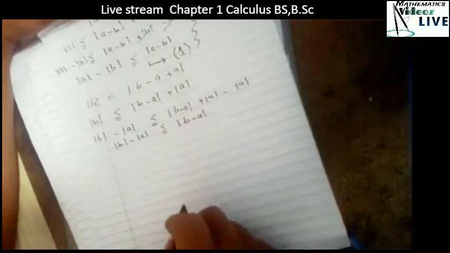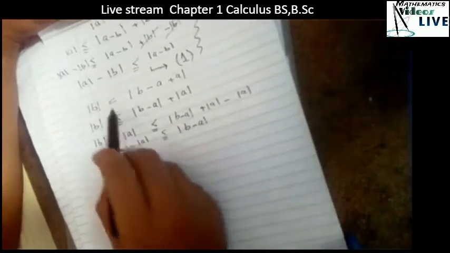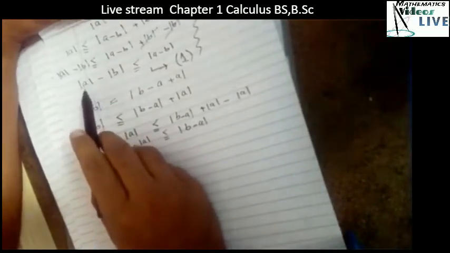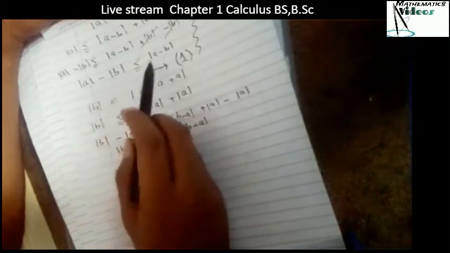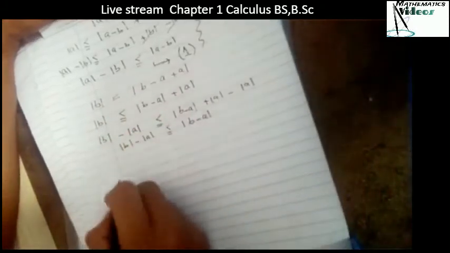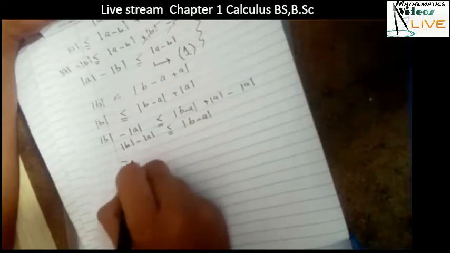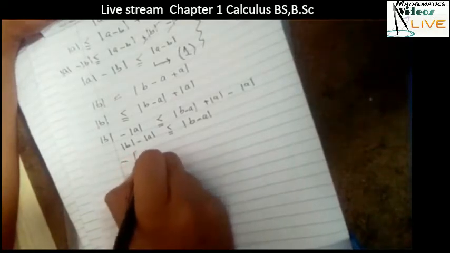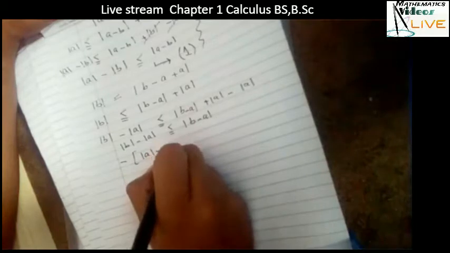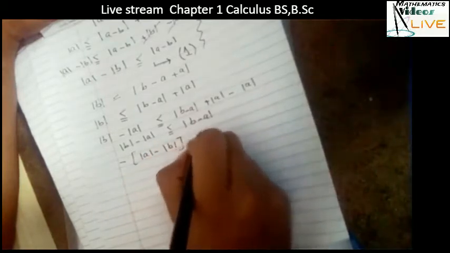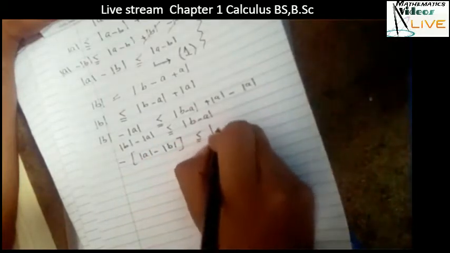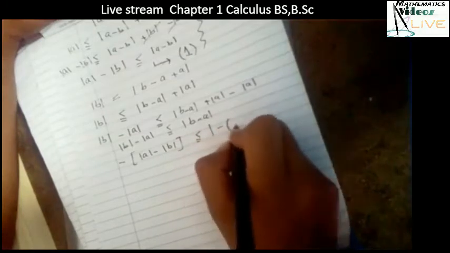Next, you have to find a form like this one, A minus B and A minus B on both sides. Therefore, you will have to take minus as common from here, and you will also make minus common from here.